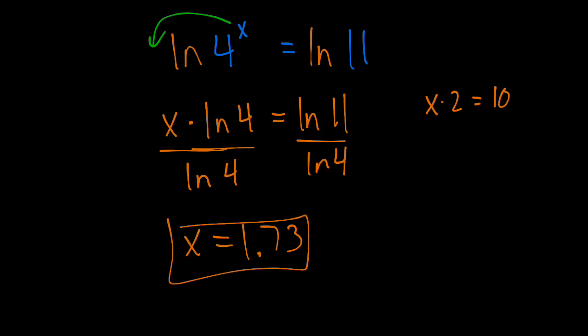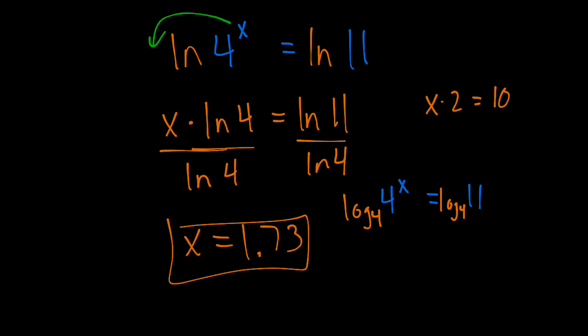Now here's one difference. Let's say that you do have a calculator that lets you choose the base. If you have the calculator that lets you choose the base, what I would recommend is taking the log with the base of whatever you have here in your exponential. So we have a 4 to the x, so I'm going to do log base 4 on both sides.